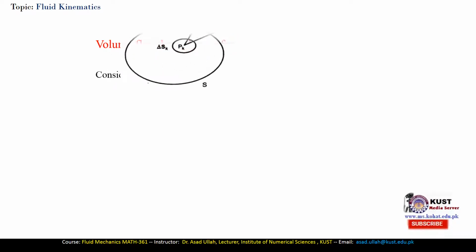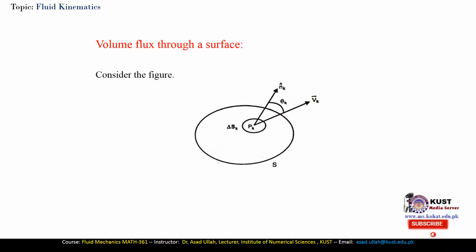For this, consider the motion of an incompressible fluid through a surface S. Let V be the velocity of the fluid at some point of the surface. Divide this surface into m surface elements, that is del Sk, where k starts from 1 up to m. Let Pk be any arbitrary point on each surface element, that is del Sk.